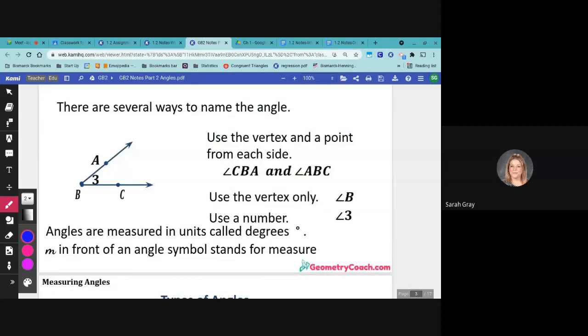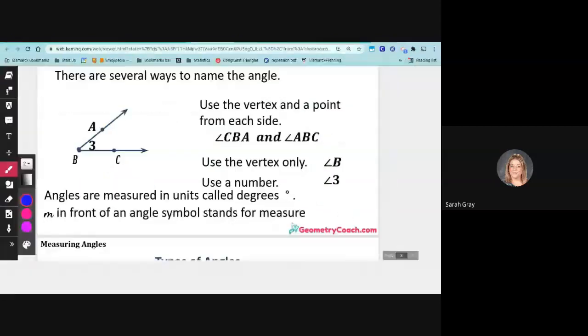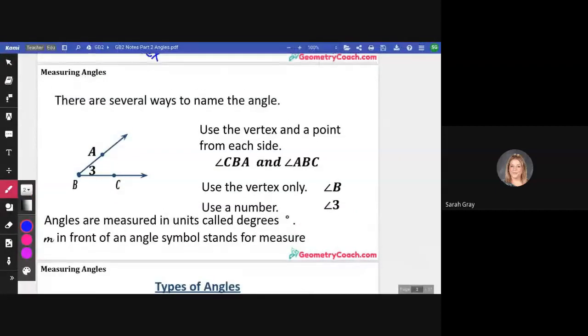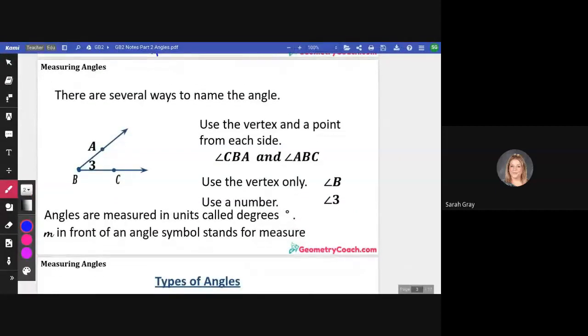Okay, now there are several different ways to name angles. The most common way is this first way with the three letters, angle CBA. And be careful, you need to be able to trace the angle in that order, C to B to A. Okay, you can go the other direction and do angle ABC.